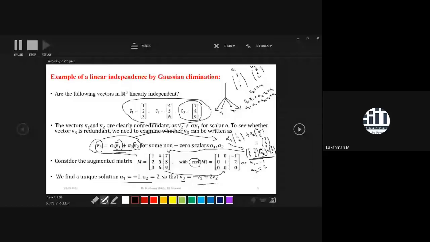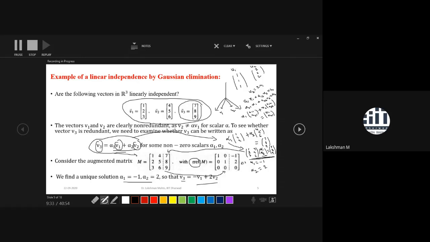In the other, we take x1 common times the column a11, a21, plus x2 times the column a12, a22, equal to, on the right-hand side, the column vector b1, b2. This we call the column representation. You might have an idea of that from the previous classes.